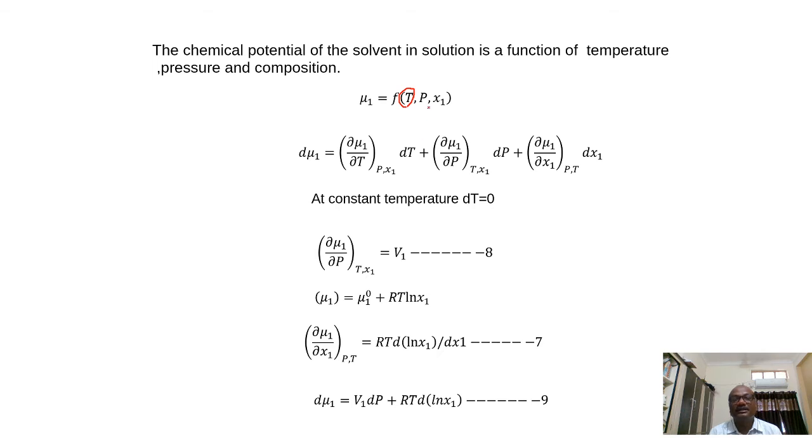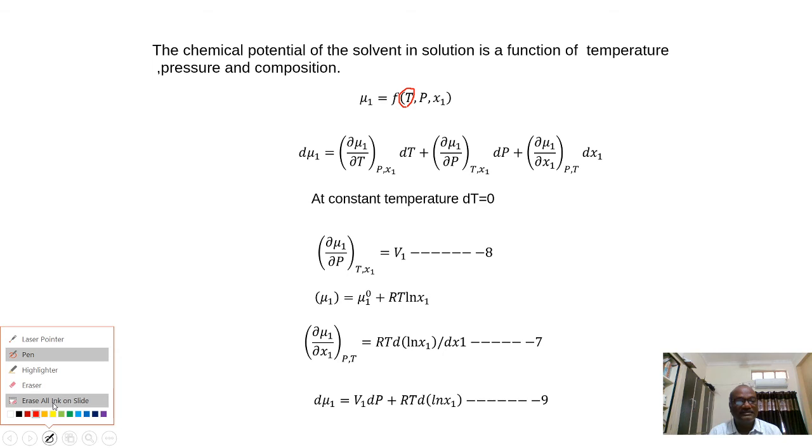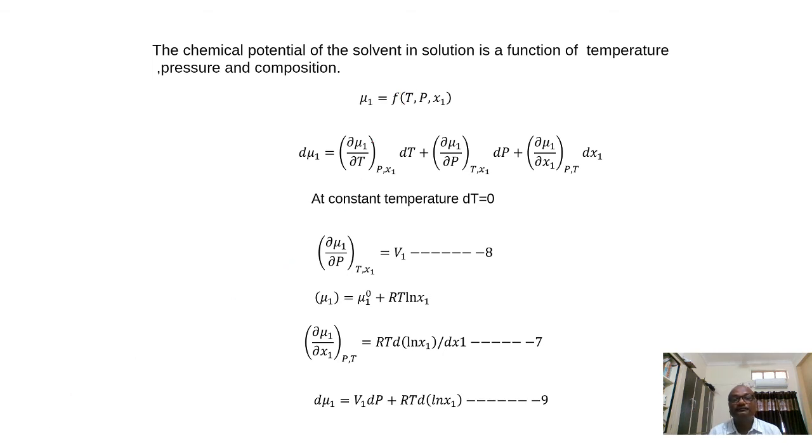Next, you differentiate with respect to pressure by keeping temperature and x1 constant: plus dou mu1 by dP at constant temperature and x1, into dP.